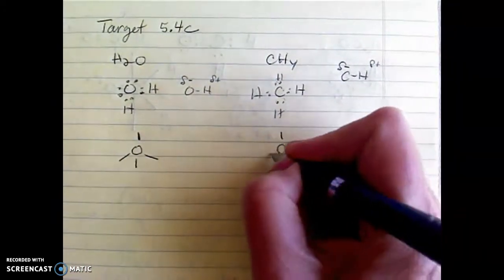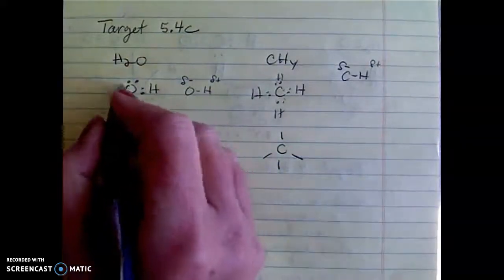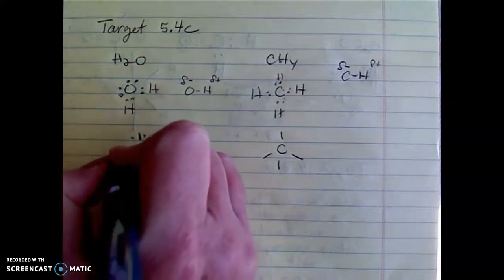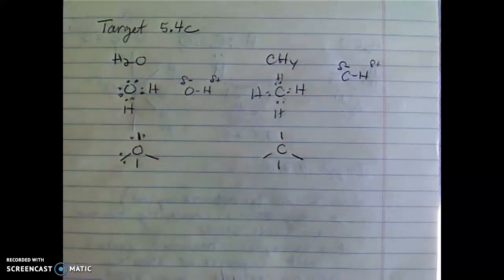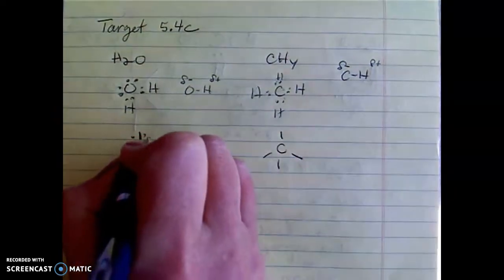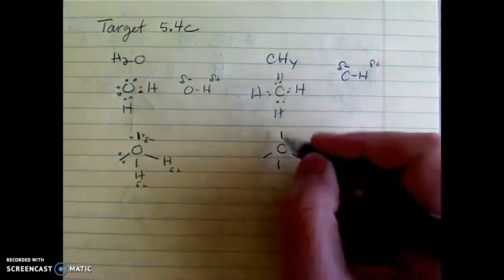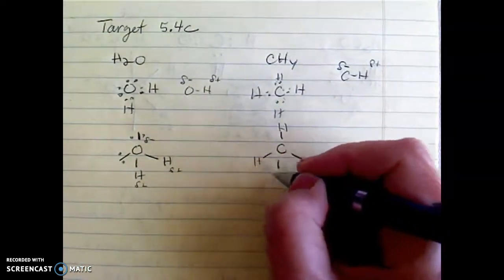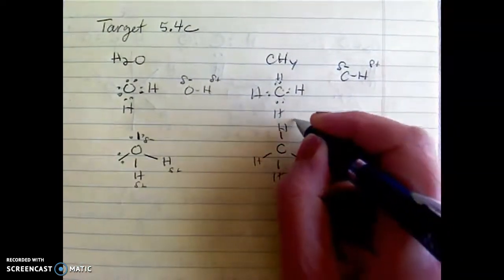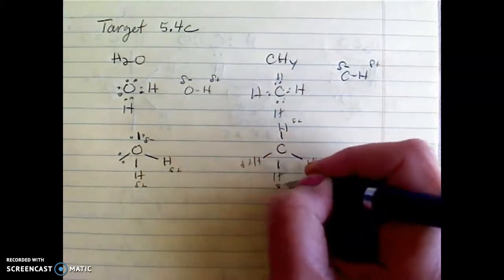And then you add what's around it. You've got 2 lone pairs on your oxygen, and then you've got hydrogen and hydrogen. Now remember, your oxygen is slightly negative and your hydrogens are slightly positive. Your carbon, you've got H, H, H, H, and that's slightly positive, slightly positive, slightly positive, slightly positive.